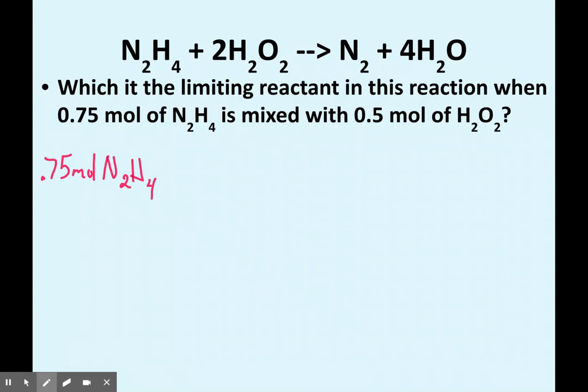And we also have 0.5 moles of H2O2. It doesn't tell us which product we have to go to or if it has to be moles or grams. So I'm just going to pick, in this case, N2. So we're going to take both of these to moles of N2.